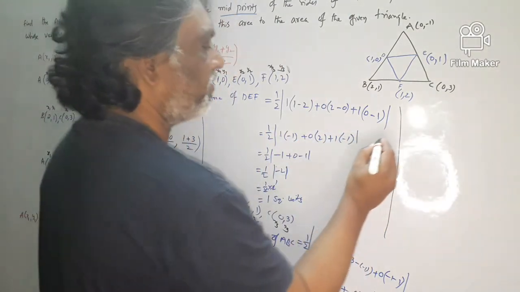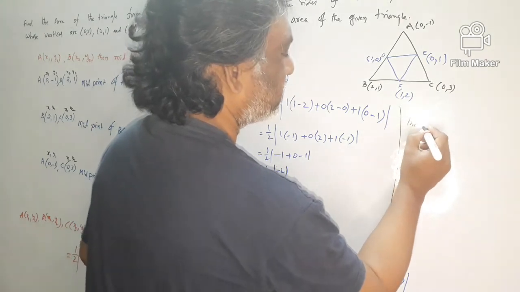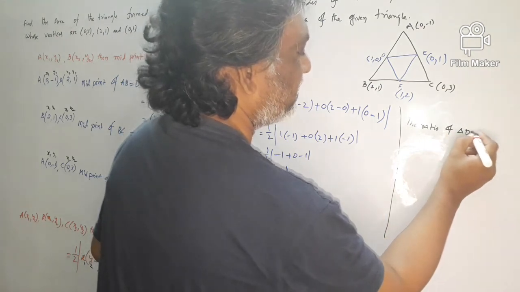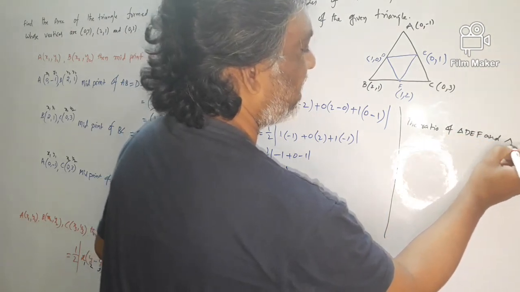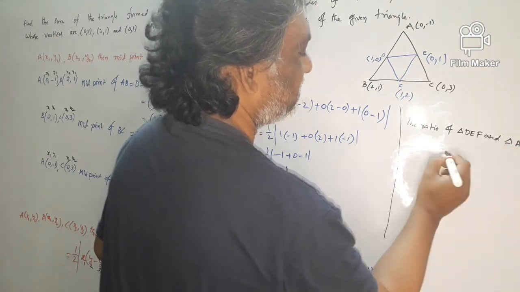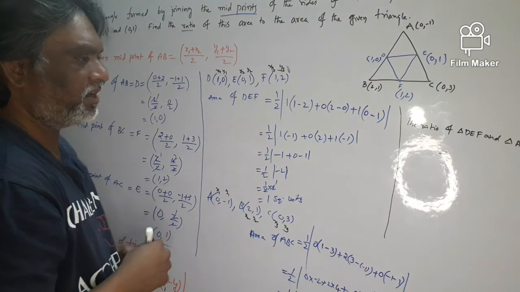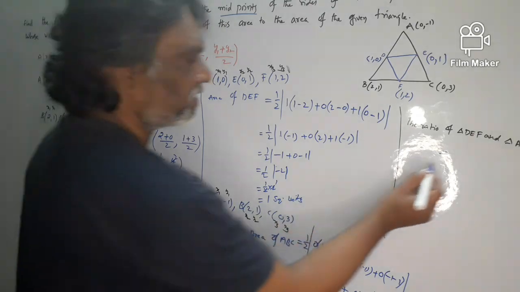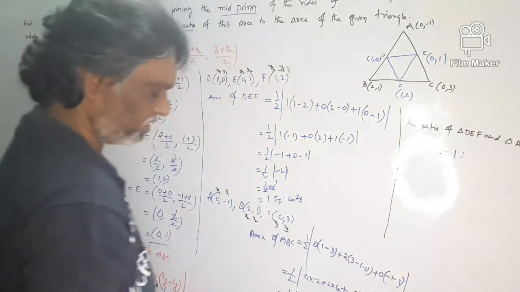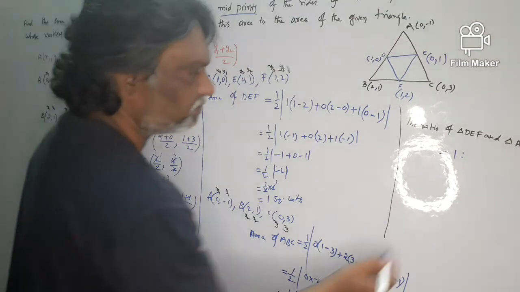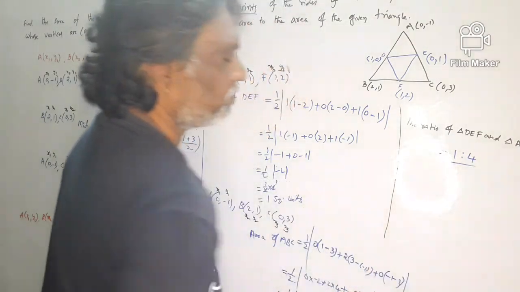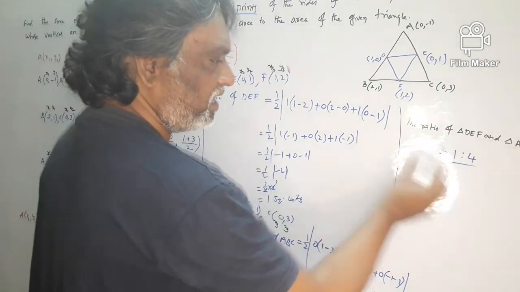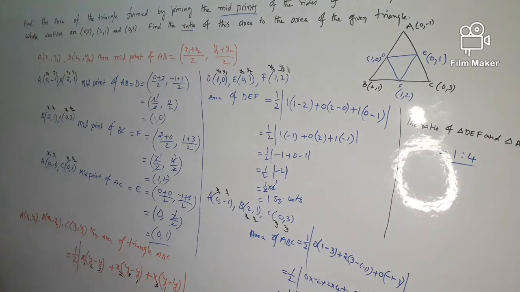The ratio of triangle DEF and triangle ABC is equal to area of triangle DEF is 1, area of triangle ABC is 4. Yes, 1 is to 4. DEF and ABC is 1 is to 4. Answer is 1 is to 4.